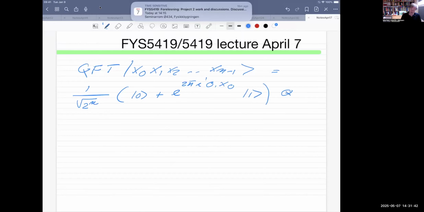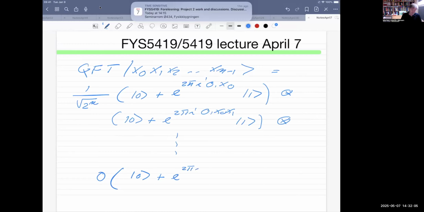And then we had a tensor product of 0 plus e to the 2 pi i of 0.x0 x1 multiplied with 1. New tensor product, and this continues all the way down to the last one. And then we would have a 0 plus e to the 2 pi i of 0.x0 x1 up to x n minus 1.